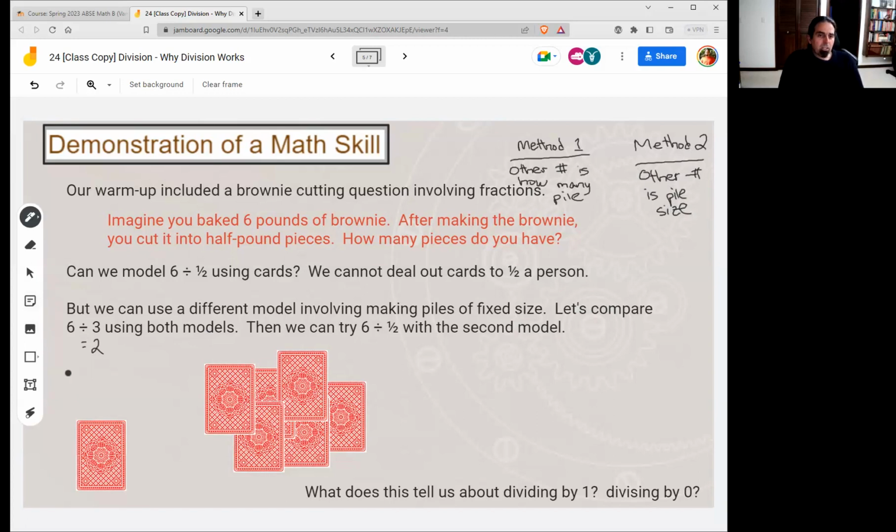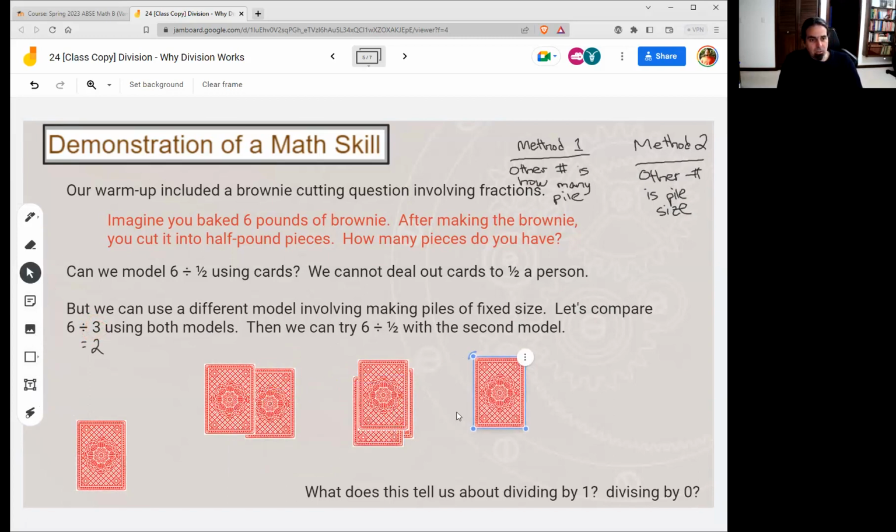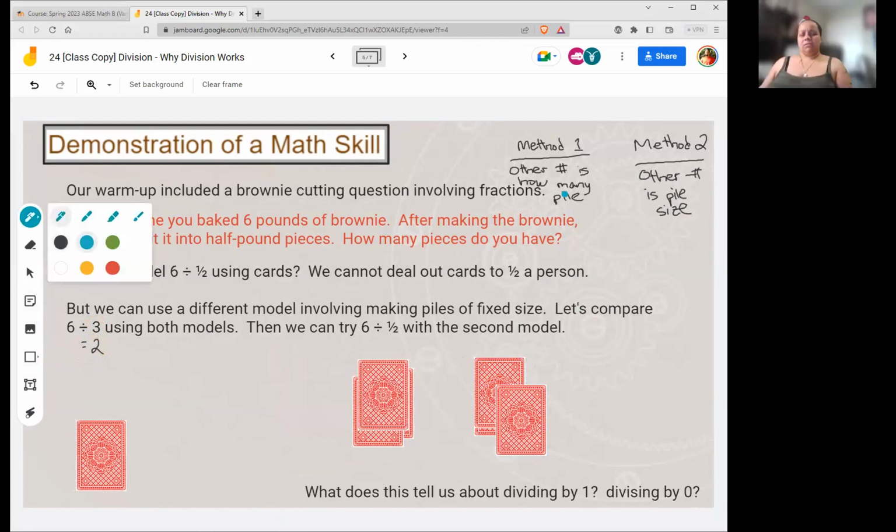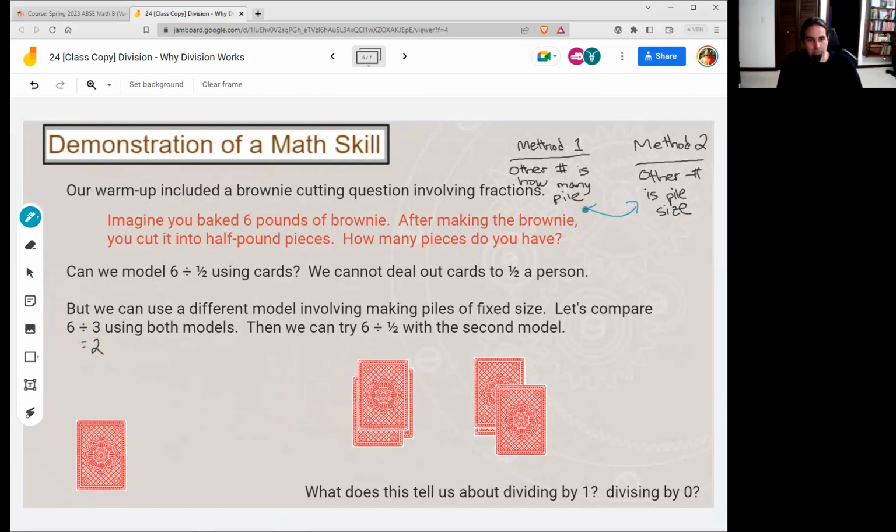So I'm going to make piles of size 3, because the other number was 3. So here we go. 1, 2, 3. 1, 2, 3. The answer is still 2, but where is the 2 now? The amount of stacks, yeah. So whichever method I pick, the answer is the other thing.